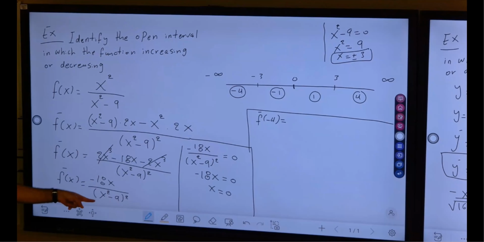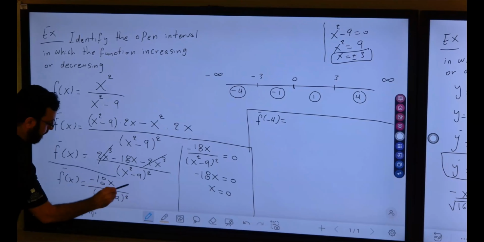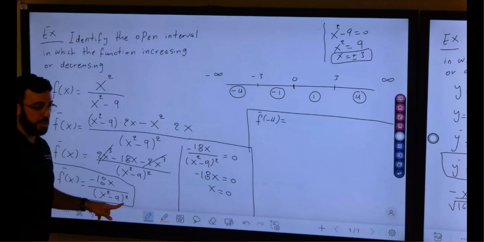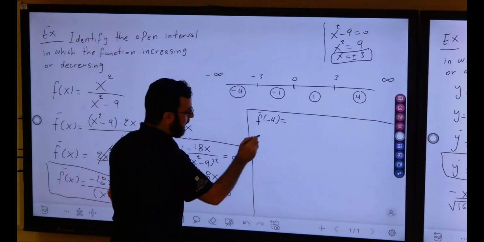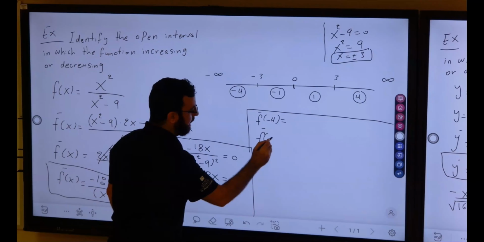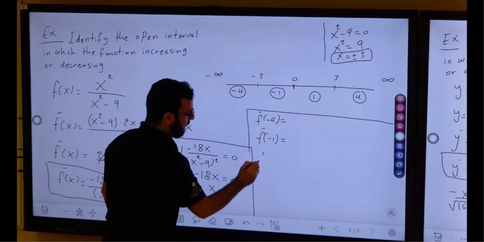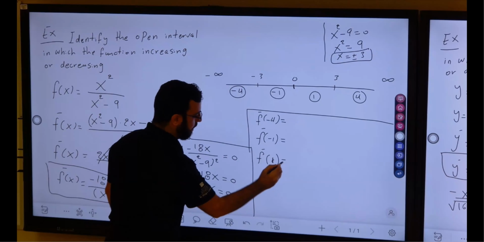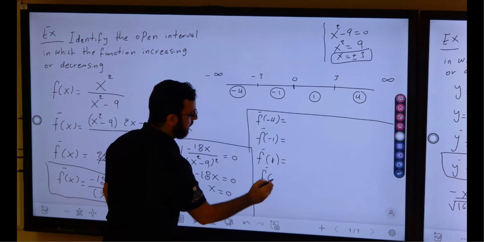Can I choose this one? This is the first derivative. Now, tell me the first one. F prime of negative 1, and f prime of 1, and f prime of 4.